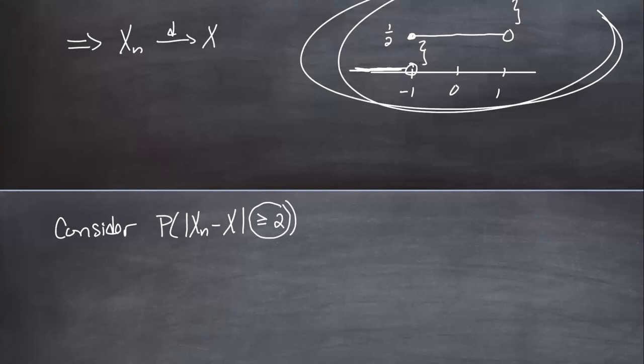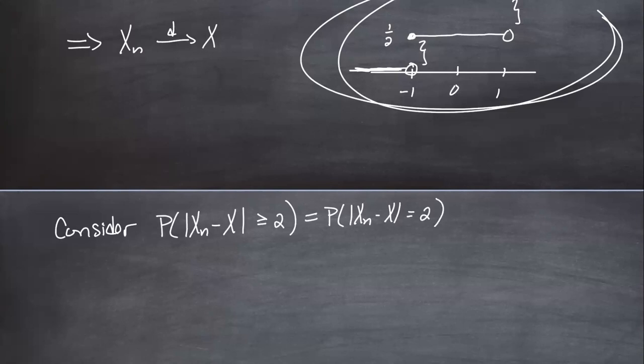But it doesn't matter. If Xn is supposed to be converging to X in probability, then this distance should not be greater than or equal to 2 as n goes to infinity. In other words, when we take the limit of this as n goes to infinity, we do want to get 0. Note that all of the random variables here take on the values plus and -1. So really the difference between them is going to be 0 or +2 or -2. So greater than or equal to 2 is actually going to happen whenever this is equal to 2.